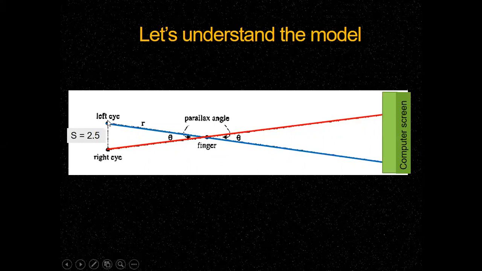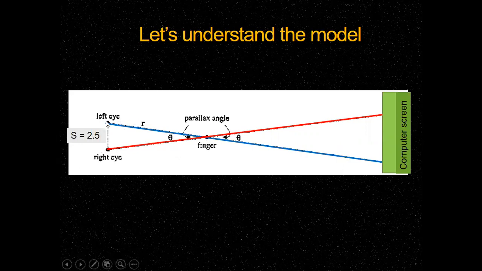So let's say this is January, then 6 months later, what comes? It's June, right? So in June, July, Earth will be somewhere here, right? So that is the model over here. Even though you have the computer screen over here, and then you have your finger and your eyes, it's very similar to the star and the Earth system in the sky, right?